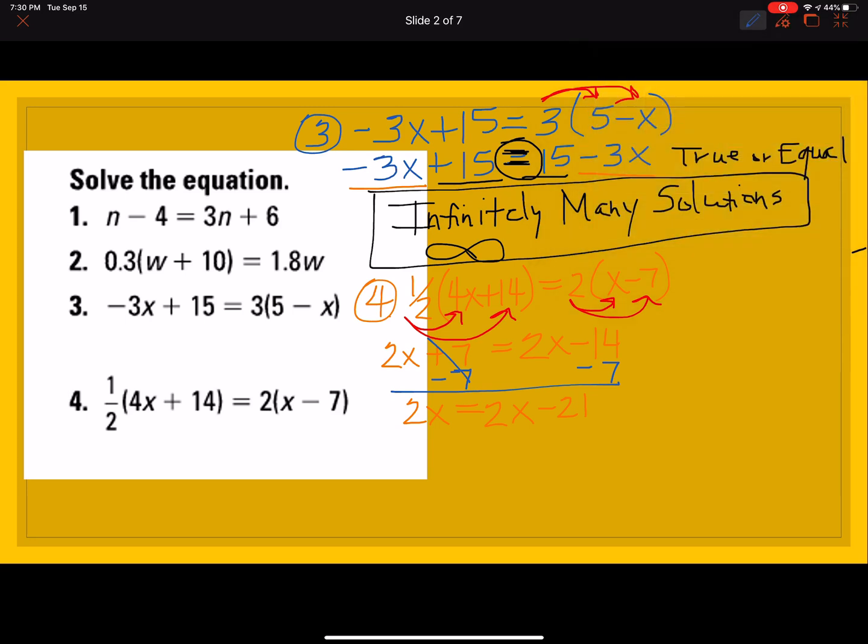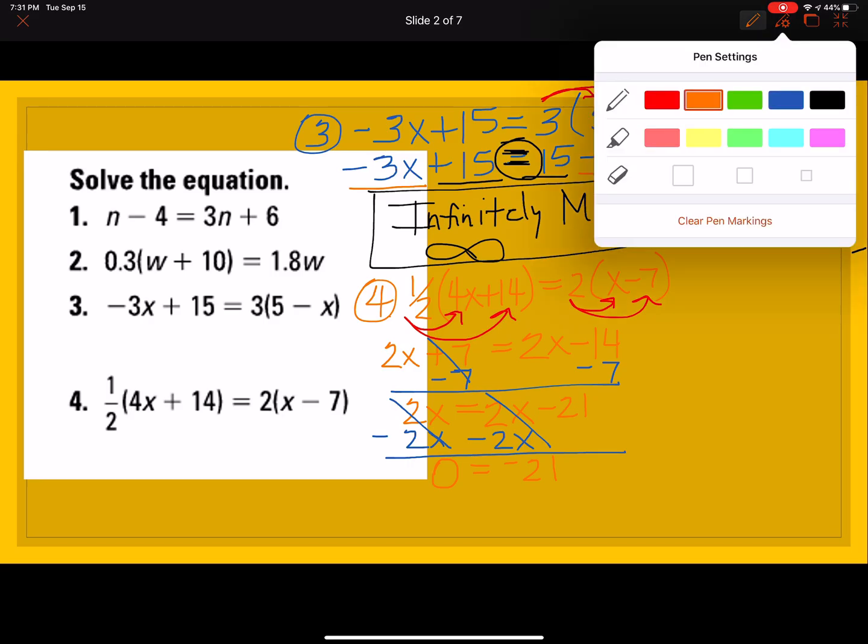Now my next step is to combine my variables. So I'm going to take away the 2x on the right side. Whatever I do to one side, I must do to the other side. And as you notice, this also makes a 0 pair on the left side. So I'm left with a 0 pair on the left side and negative 21 on the right side.